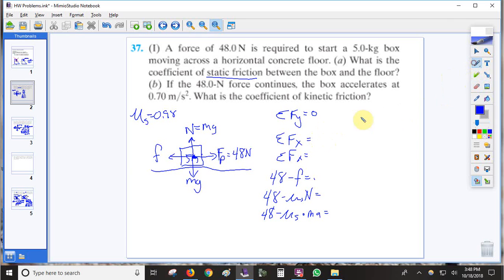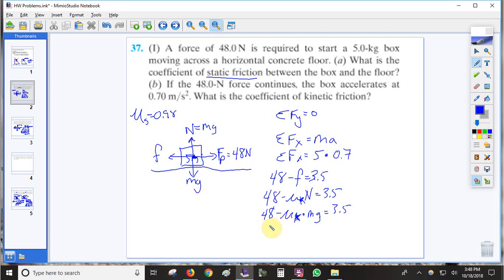Now, when we do F equals ma, we have an a. Our mass is going to be 5, and our a is going to be 0.7, which makes the right-hand side of the equation 5 times 0.7, which is 3.5. The other thing that changes is instead of finding static friction, we're now finding kinetic friction, so that becomes mu sub k.